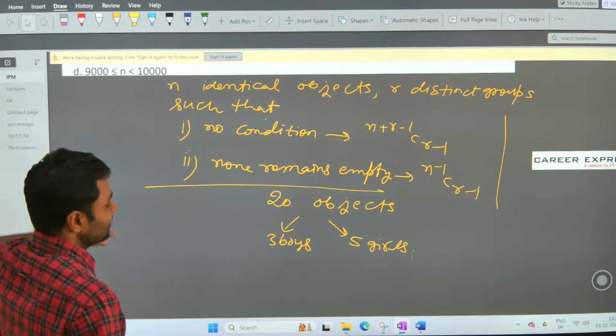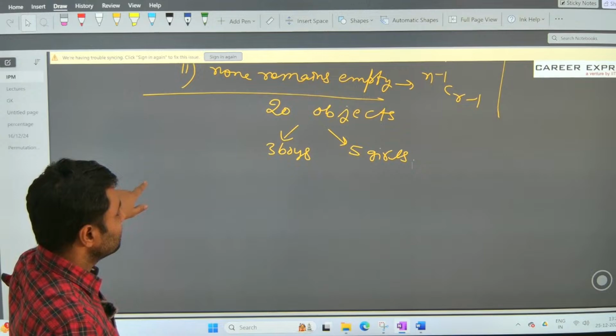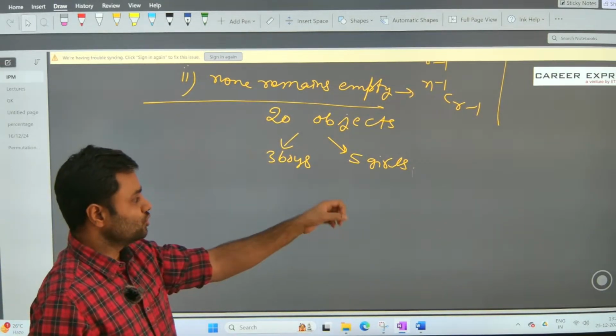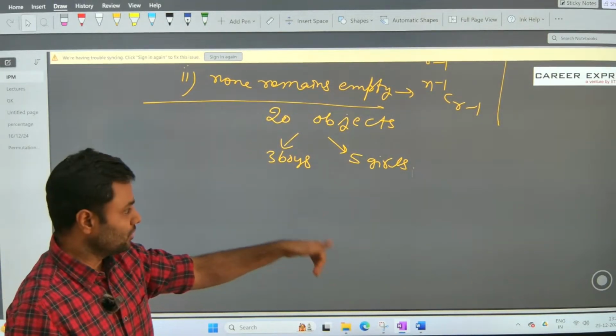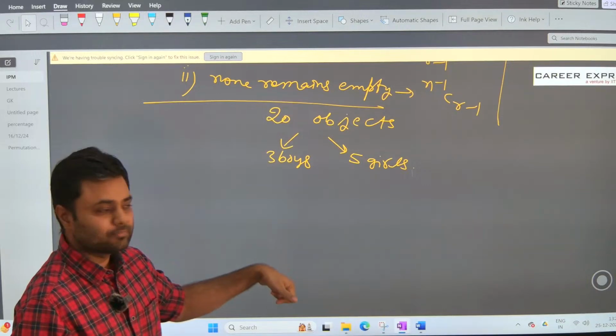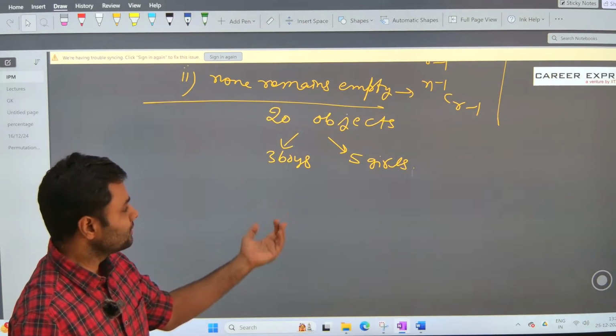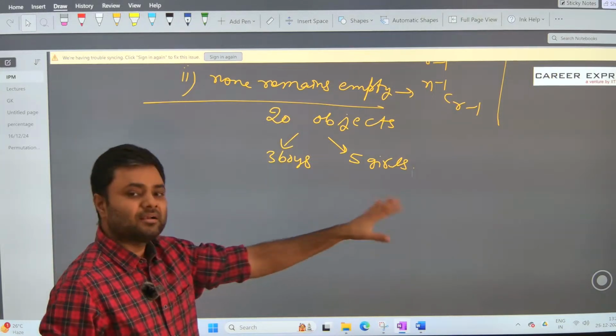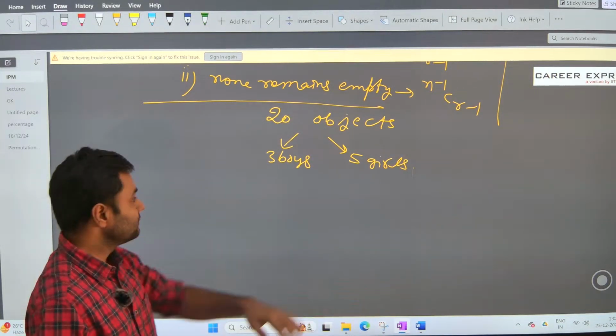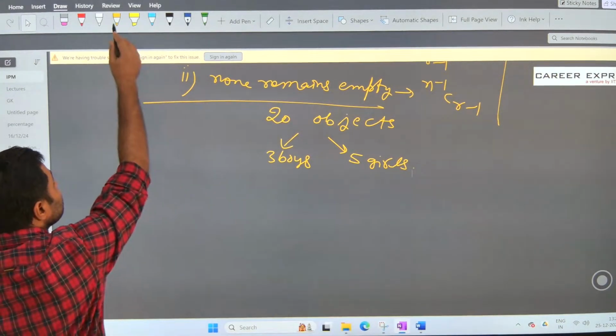And then the second condition is that all the girls should get at least that number or more which a boy gets. So if all the boys get one object, then the girls should get one or more, right? So there will be separate cases.